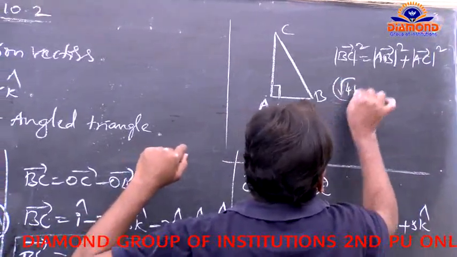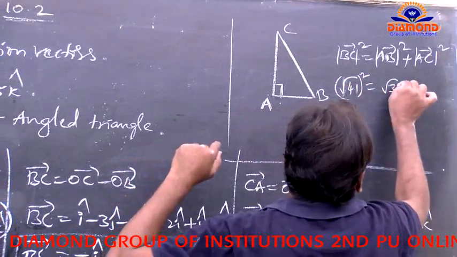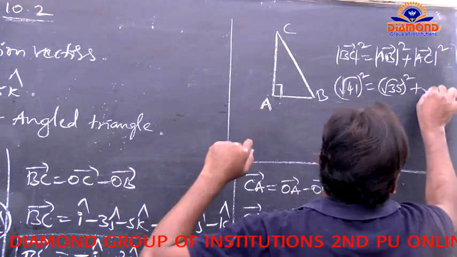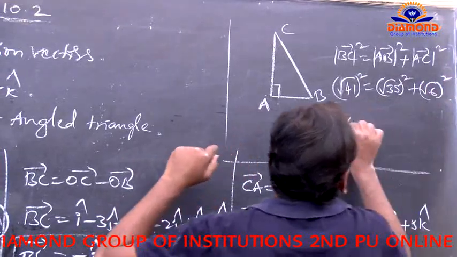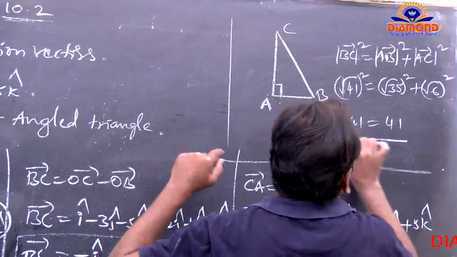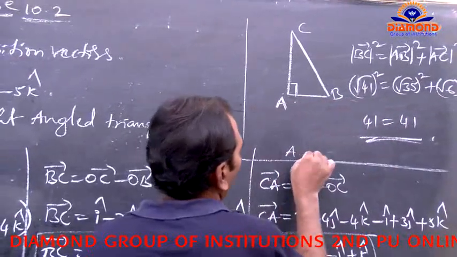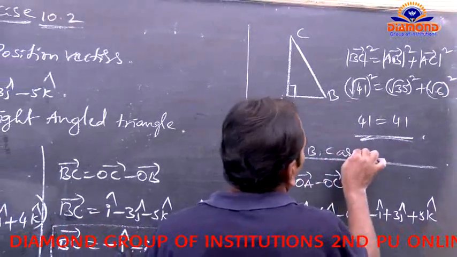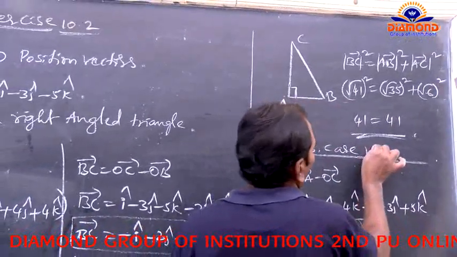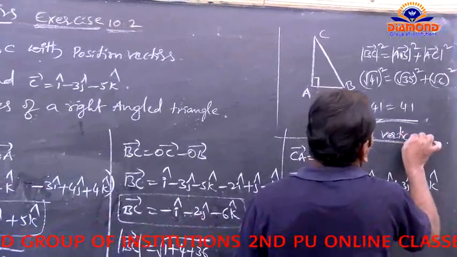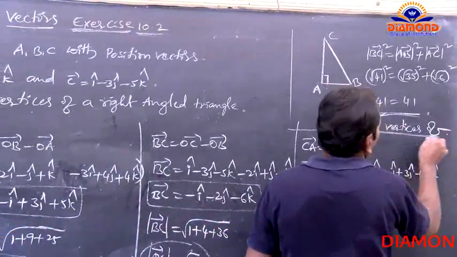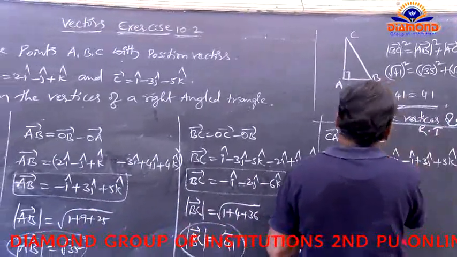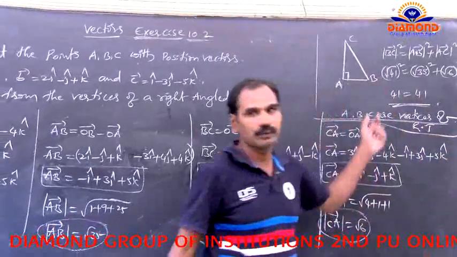Root 41 whole square equals root 35 whole square plus root 6 whole square, so 41 equals 41. So A, B, C are vertices of a right angle triangle. This is your answer.